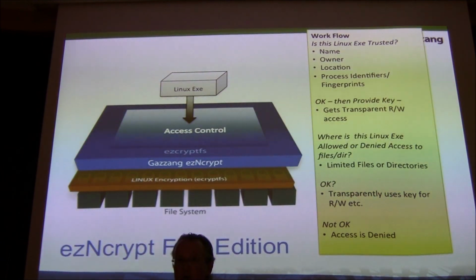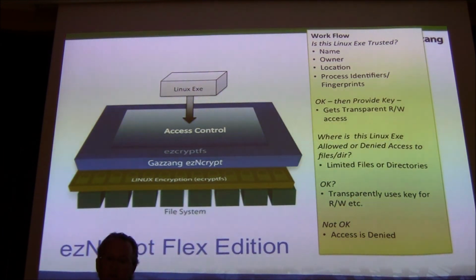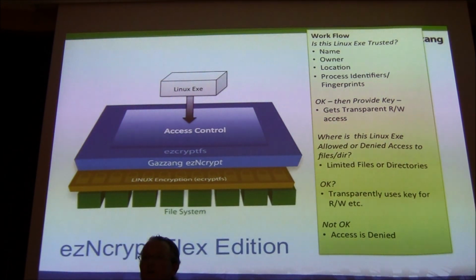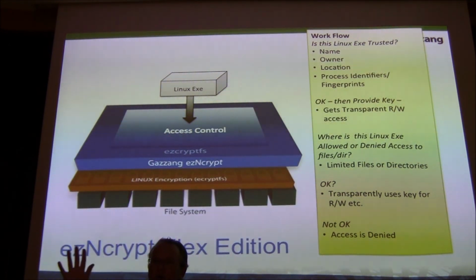And so we've got access control that looks at processes. The way it works is I'm looking at a process and I'm looking at its name, owner, location. I'm doing a SHA 256 hash of it. And when it comes into the file system, I'm saying, does your fingerprint map, are you who I think you are?